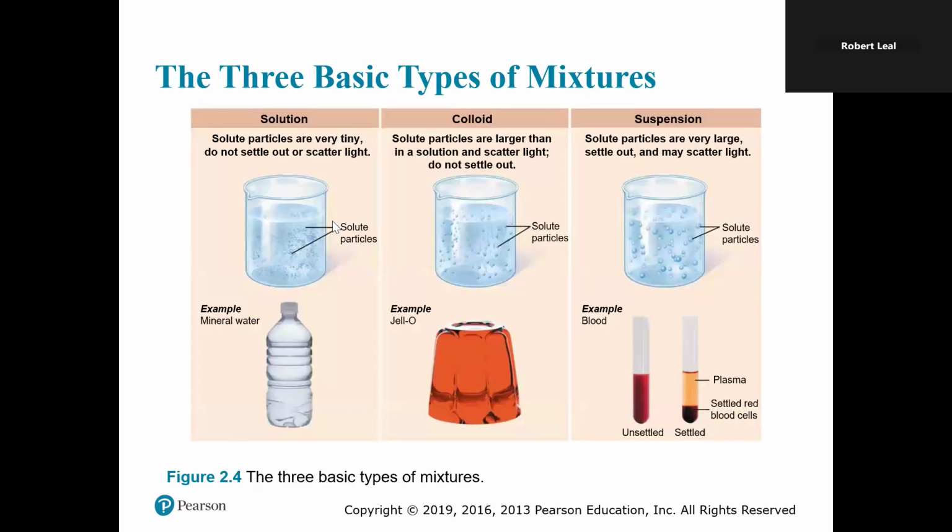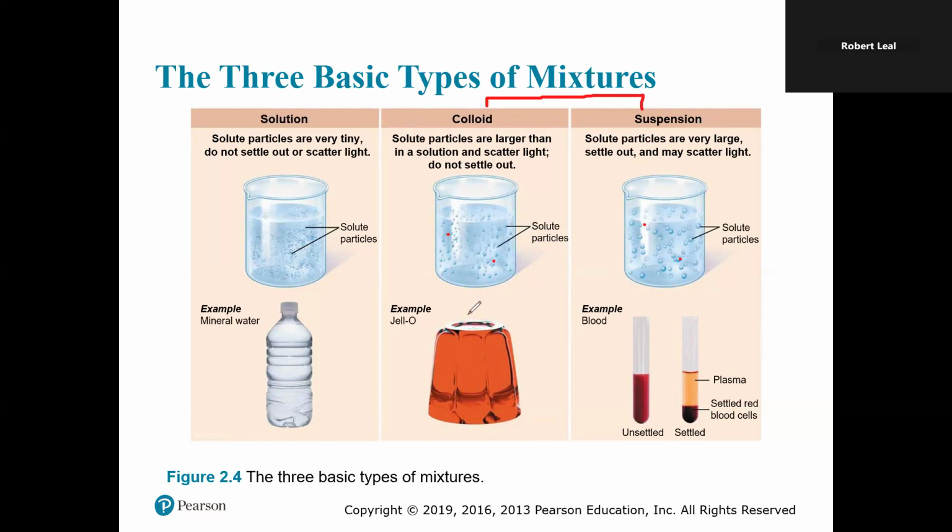All right, let's look at the three types of solutions. The ones we first looked at were heterogeneous. One is a colloid, one's a suspension. Why are they heterogeneous? If I took samples from different areas of the solution, you do not see an equal solute to solvent ratio.